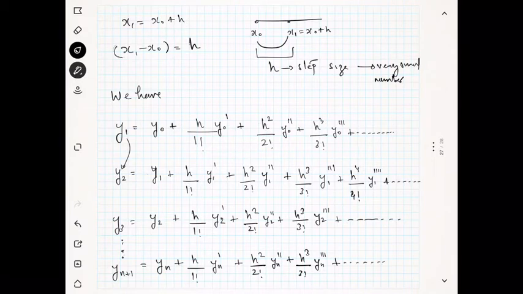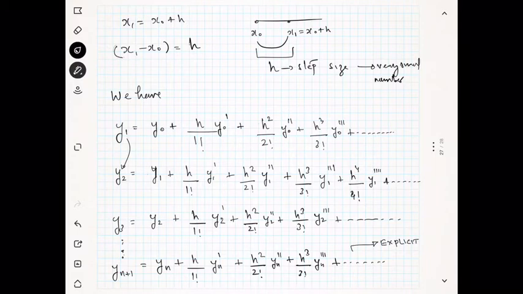That means you are calculating yn plus 1 by using yn. So this method is an explicit method, because on the right side there is no yn plus 1.